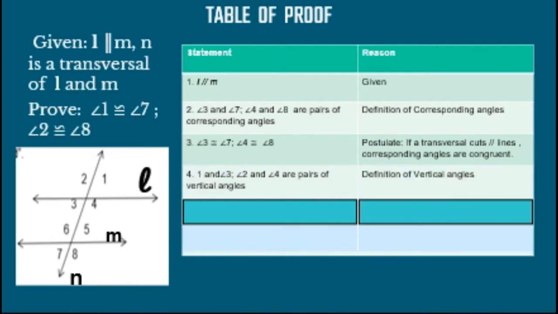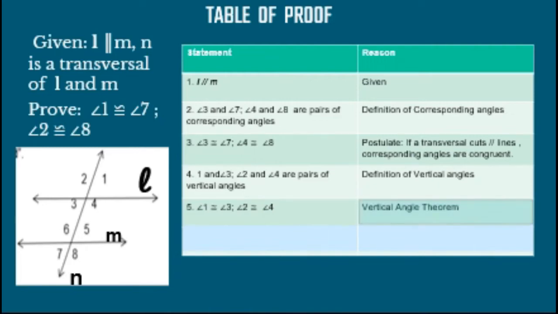The reason is definition of vertical angles. And we know that vertical angles are always congruent. So based on statement number 4, we have angle 1 is congruent to angle 3, angle 2 is congruent to angle 4. The reason is vertical angle theorem.